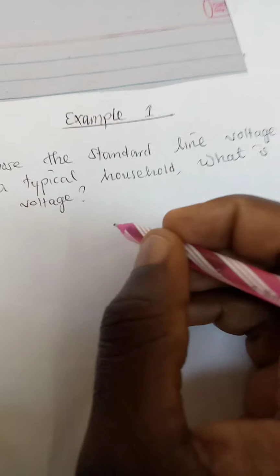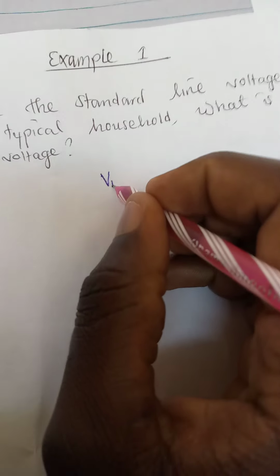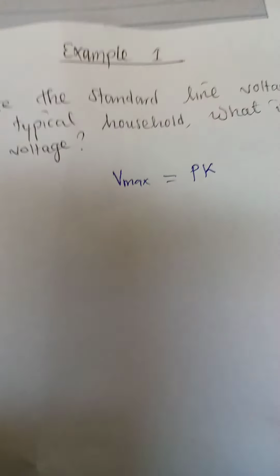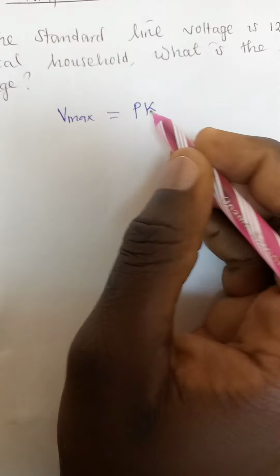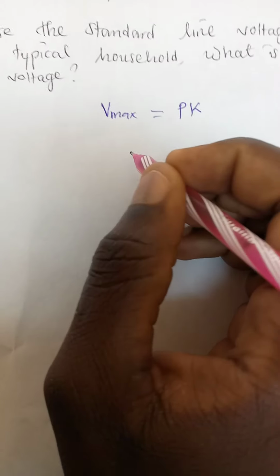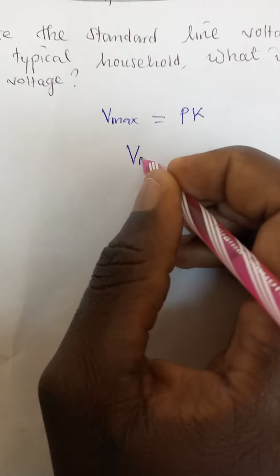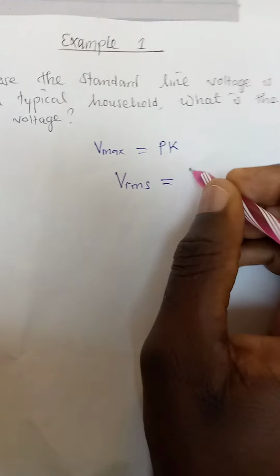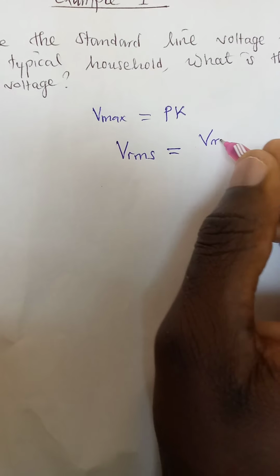Okay, so we know that peak voltage is the same as Vmax, just the same as peak. So these are just one and the same thing. Now I'm going to introduce you to this formula, of which in the next video I'm going to explain how this formula came about.